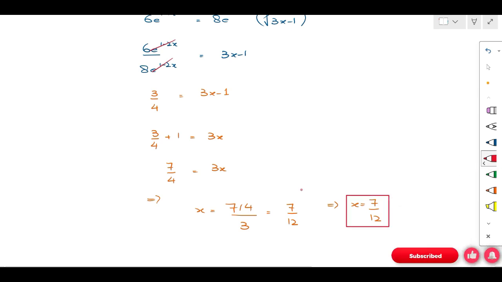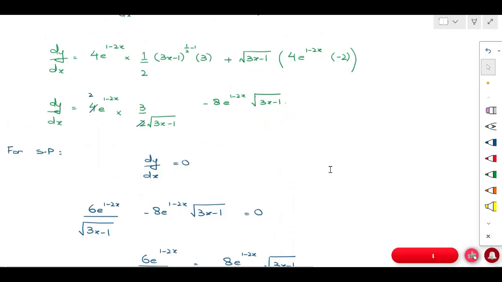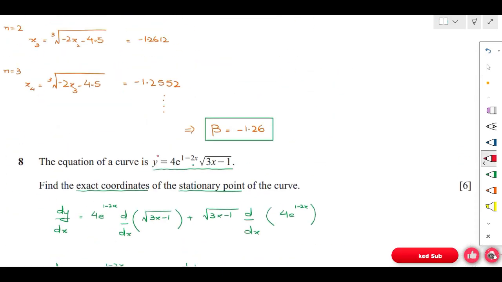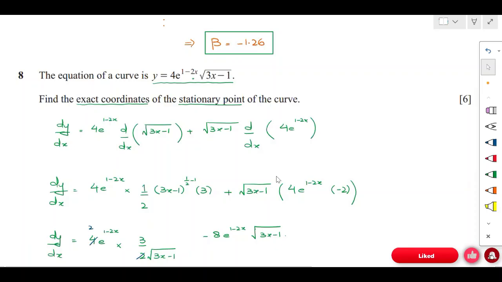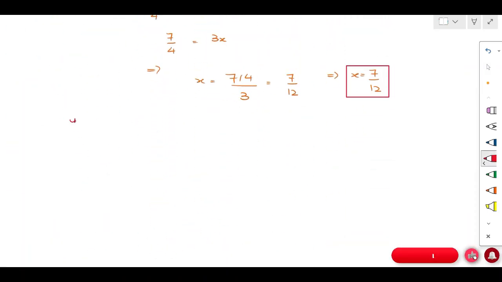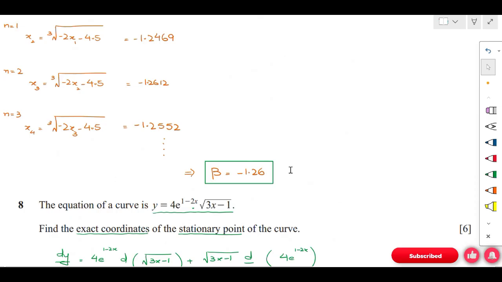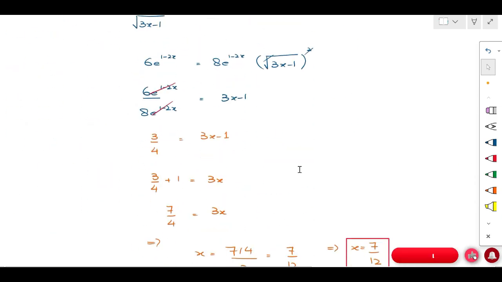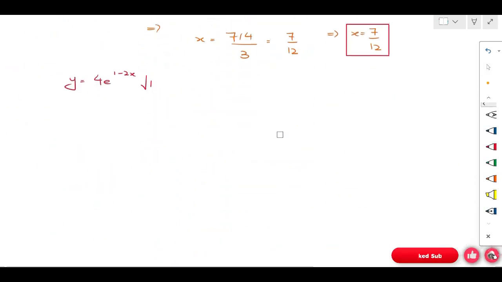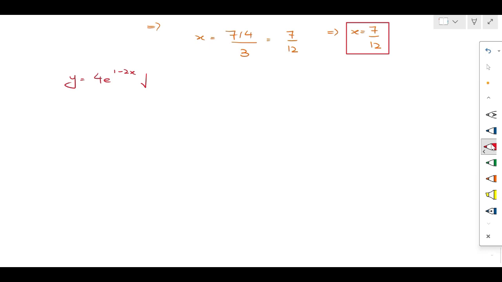Okay, now we need to solve for the exact y coordinate by substituting the x coordinate into the equation of the curve. You will get the y coordinate. So let me write down the equation of the curve, which is y equals 4 e^(1 minus 2x) times the square root of 3x minus 1, sorry. This is 3x minus 1.